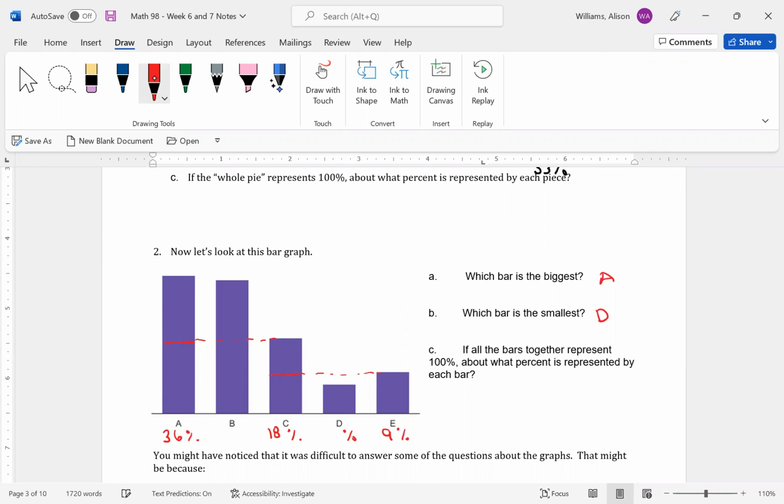That's not bad because that leaves me 37% left over. And I feel like this should be just a little smaller. Maybe 33%. And that would mean this is 4%. Okay, so we're getting close. I'm feeling a little better about this.